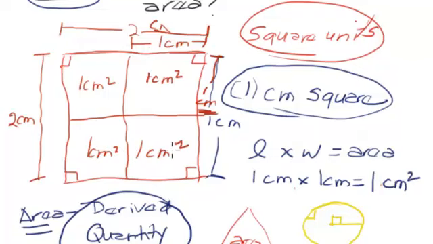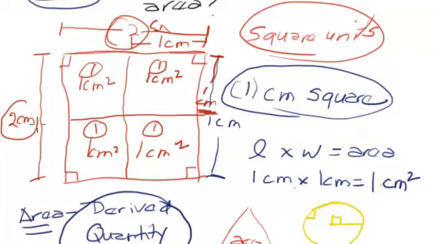But that means the whole thing here now is 1, 2, 3, 4 square centimeters. We can also get this by multiplying 2 times 2, which equals 4 square centimeters.